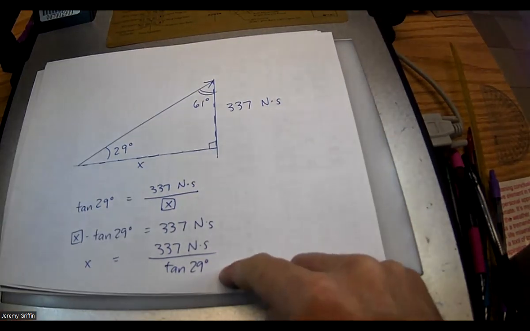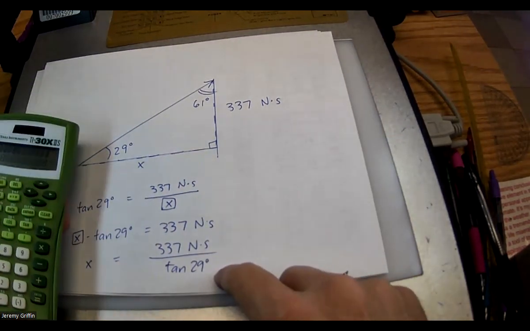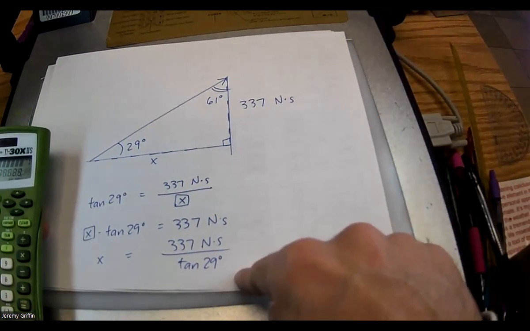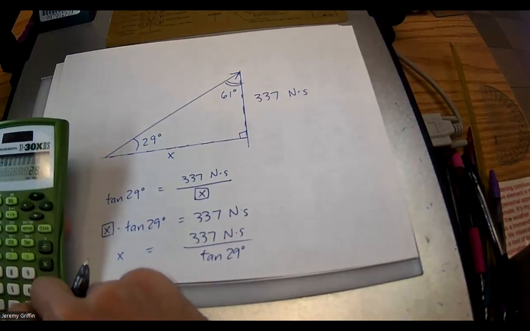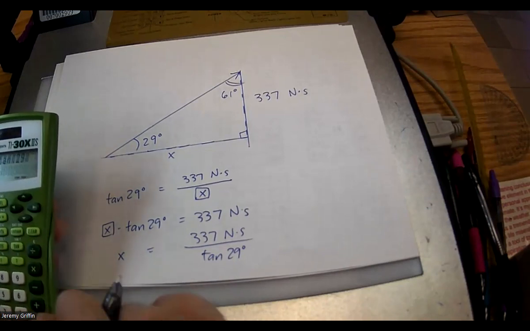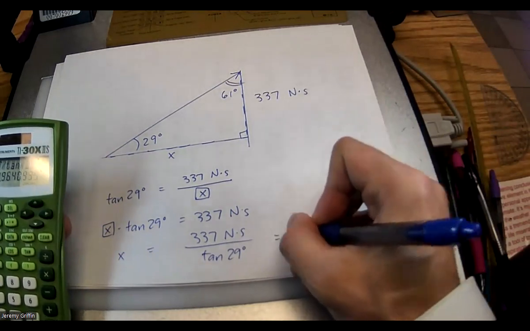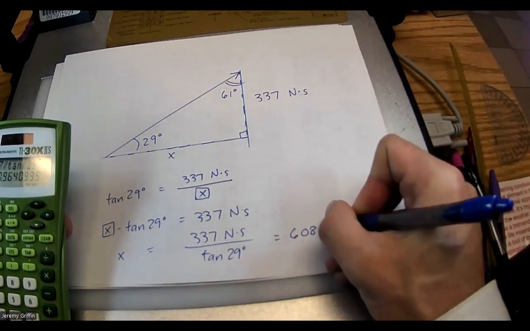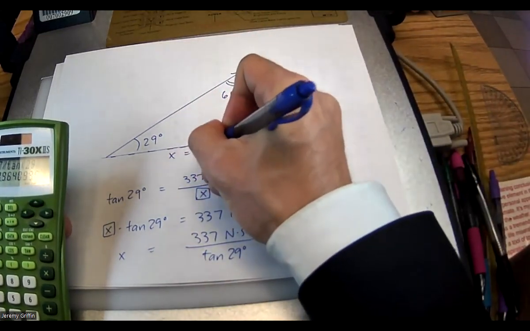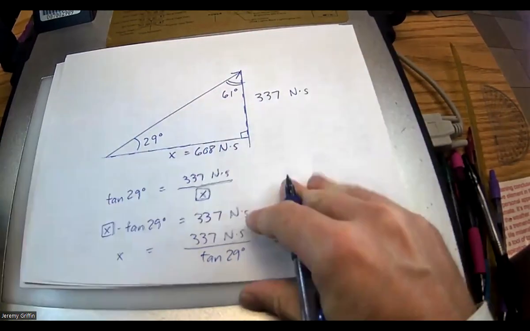This will work as long as your calculator is programmed in degrees. Make sure it's not radians if you brought in your own calculator, because the calculator has to know how you're measuring angles. So what's 337 divided by tangent 29 degrees? That looks like 608 pretty much. And then it would be Newton seconds. So this would be 608 Newton seconds.